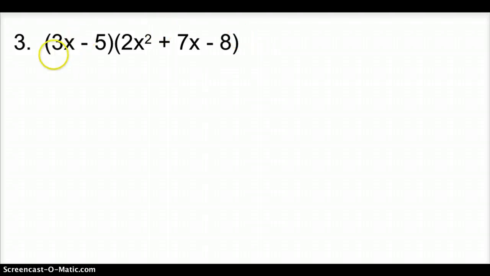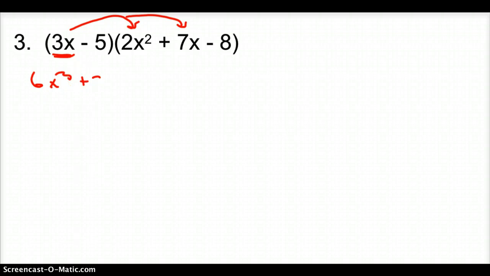Again, start with 3x, and we're going to take this 3x here to give me 6x cubed. We're going to take that again to the middle term, so it's now a plus 21x squared, and then the last term gives us a negative 24x.